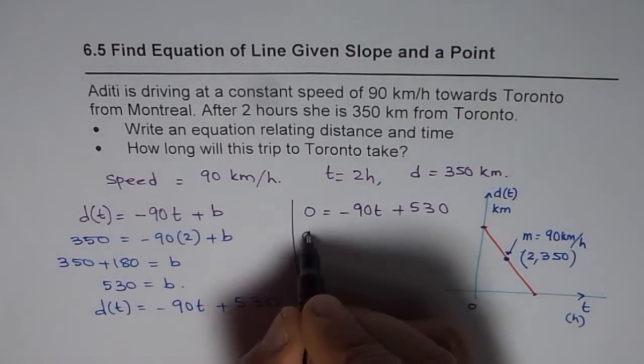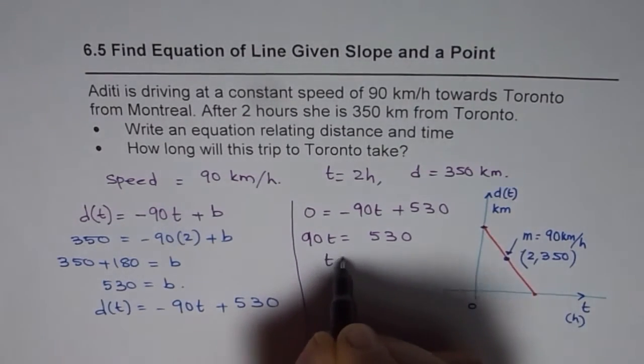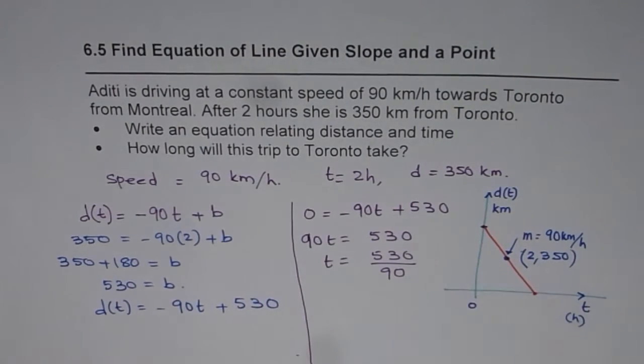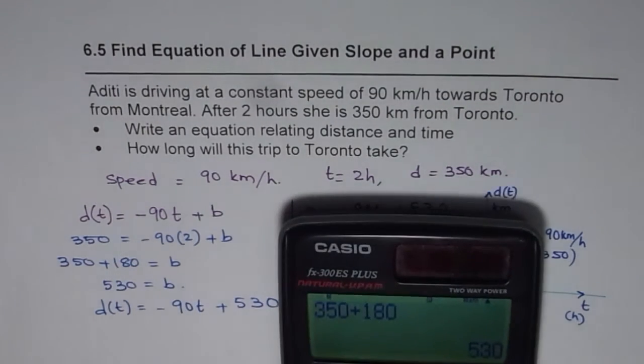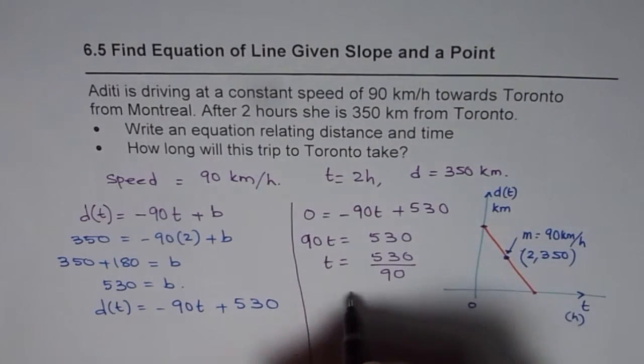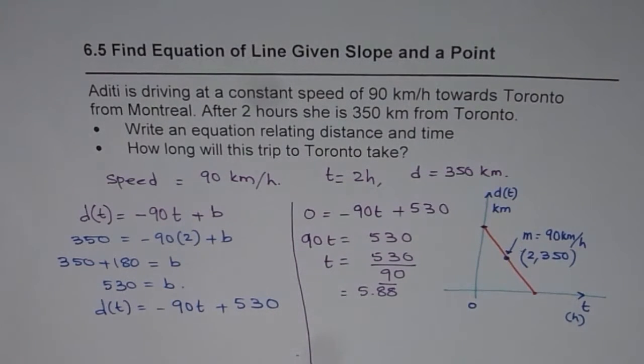So 90t equals 530. t will be 530 divided by 90. Let's divide it by 90. It is approximately 5.88, recurring, right?